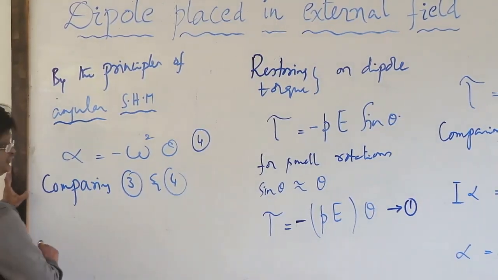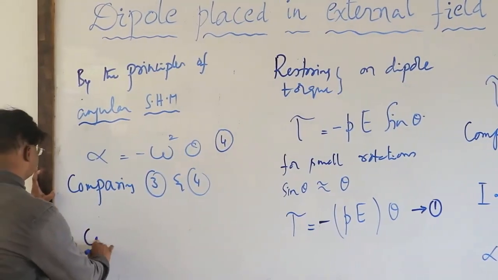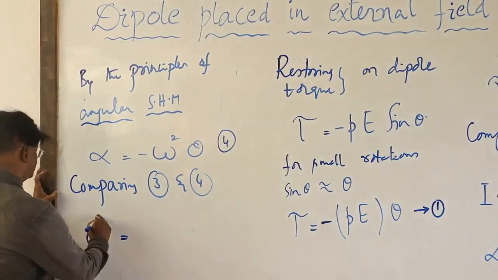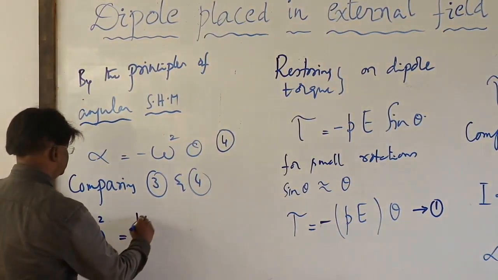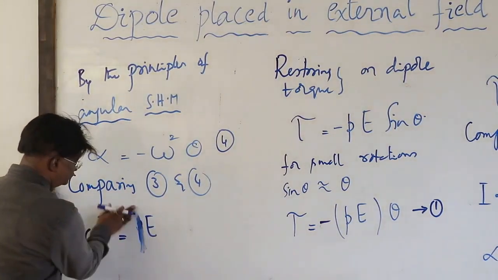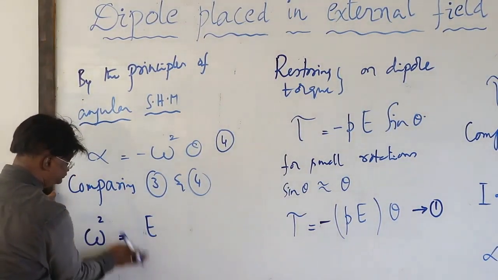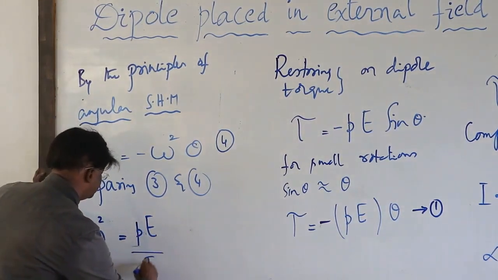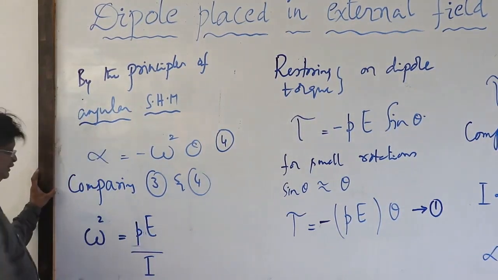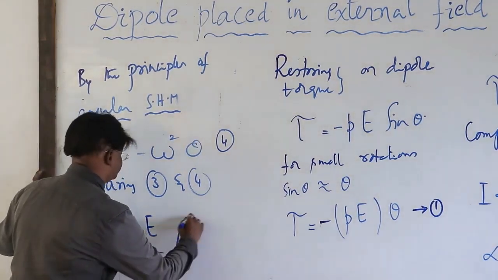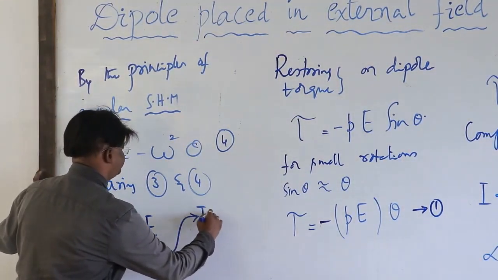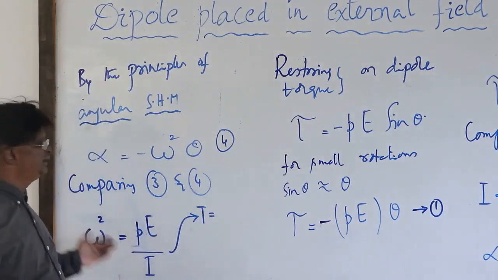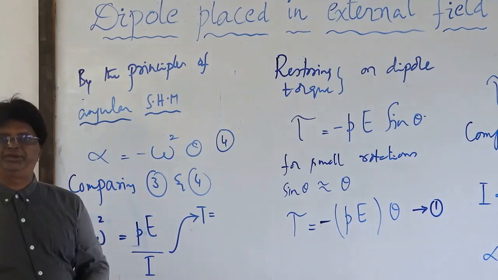Comparing, what do you get? Omega squared is equal to PE by capital I for moment of inertia, and from this you will write the expressions. And time period T, because we know omega is equal to 2 pi by T. Omega squared means 4 pi squared by T squared, right?